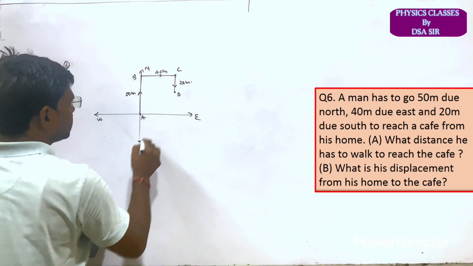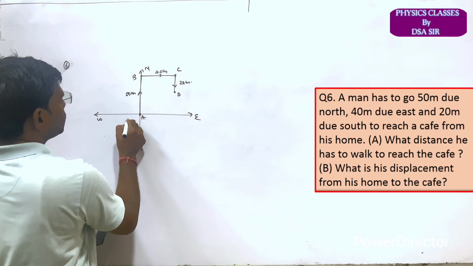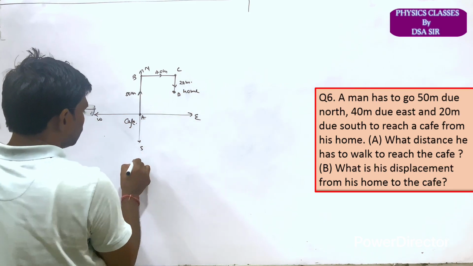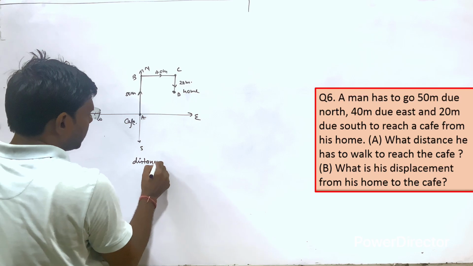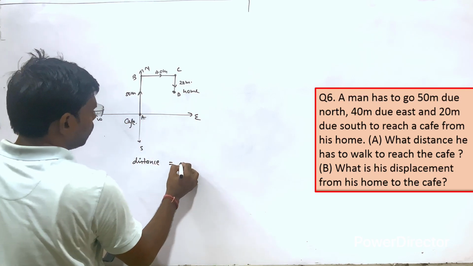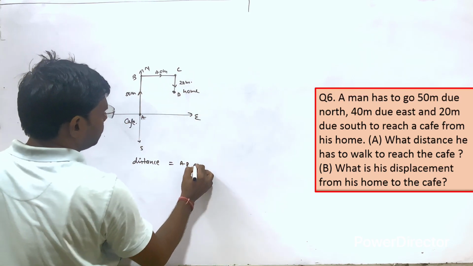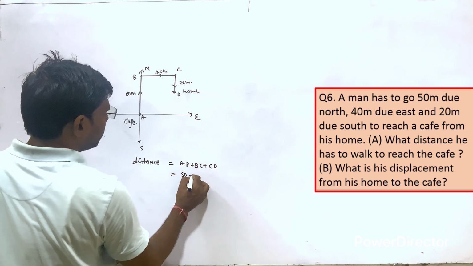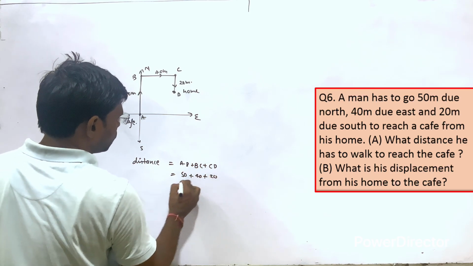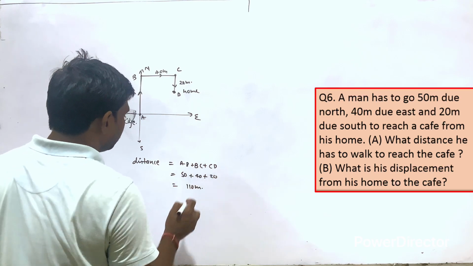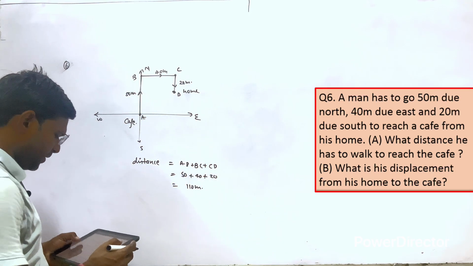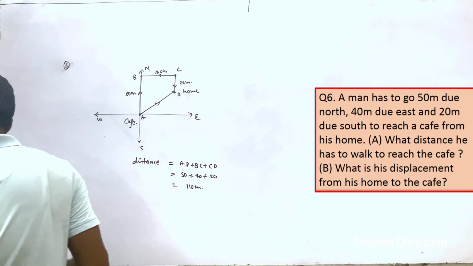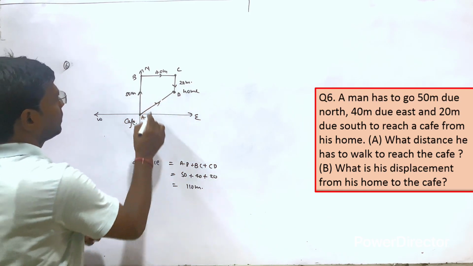You have to find the distance. This is the initial position where the cafe, and at this position is the home. So the distance covered by the particle is equal to AB plus BC plus CD, which is equal to 50 plus 40 plus 20, is equal to 110 meter is the total distance. But if you want to find the displacement, the line joining initial to final position will be the displacement. All right.